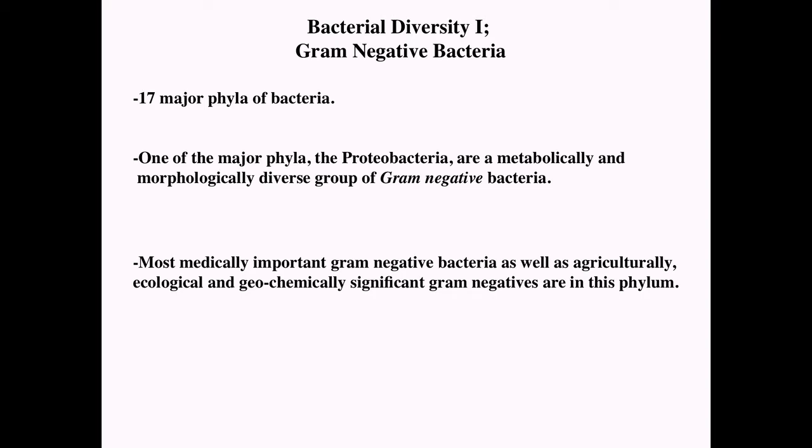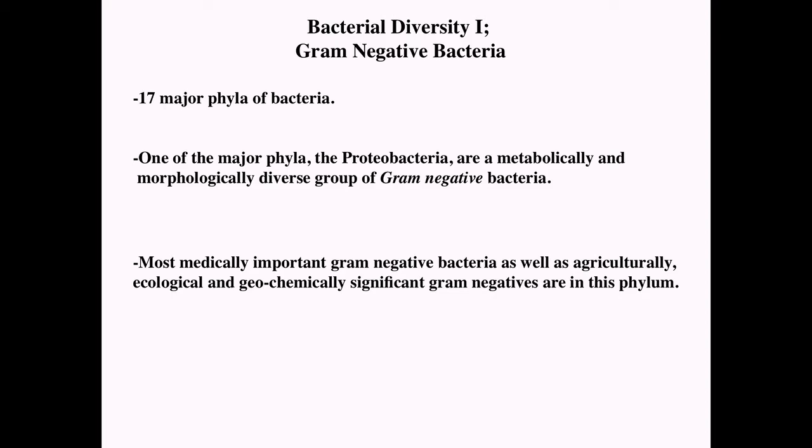So now I want to talk about bacterial diversity among gram-negative bacteria. We're not going to worry too much about the fact that there are 17 major phyla of bacteria. We're going to stay within just one phylum, which probably covers many of the bacteria that you'll ever know or love. Many of your unknowns, for instance, all of your gram-negatives that you're working with in the lab right now, are members of this Proteobacteria phylum.